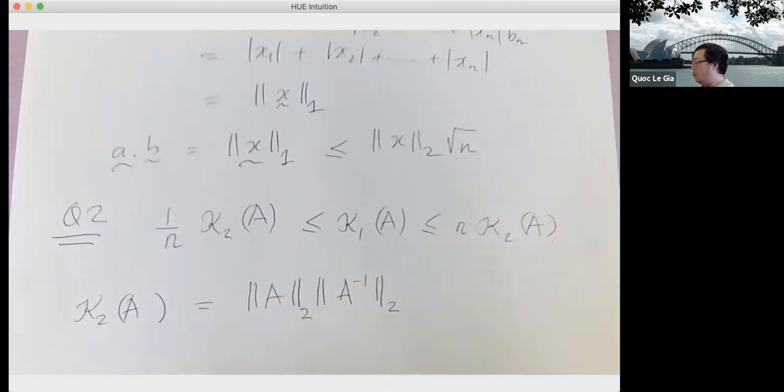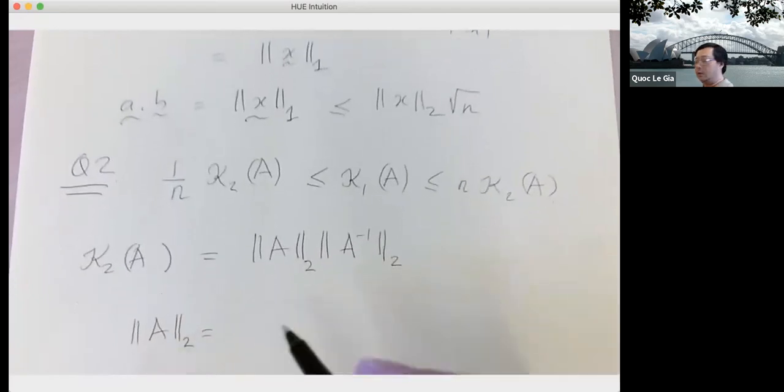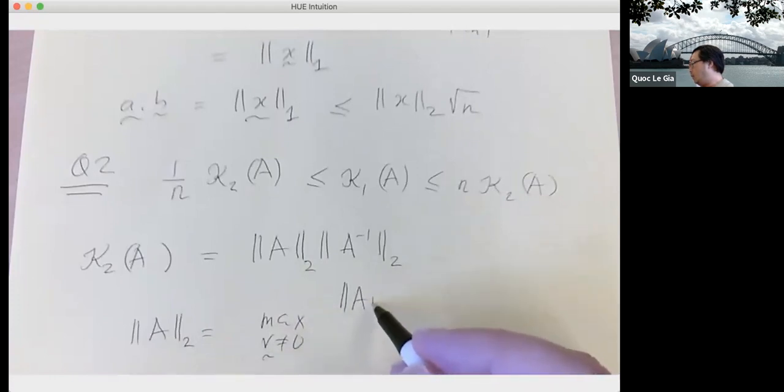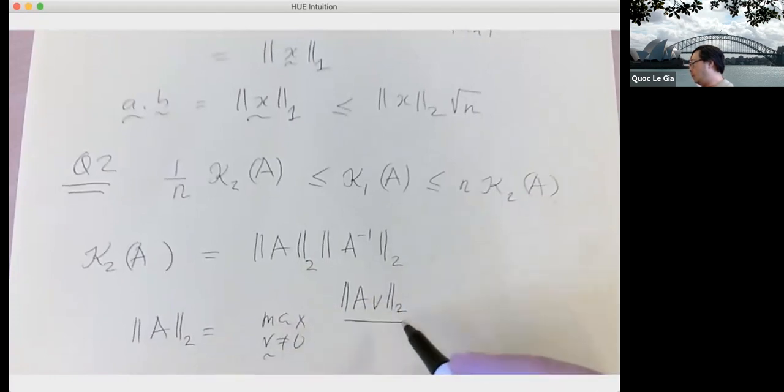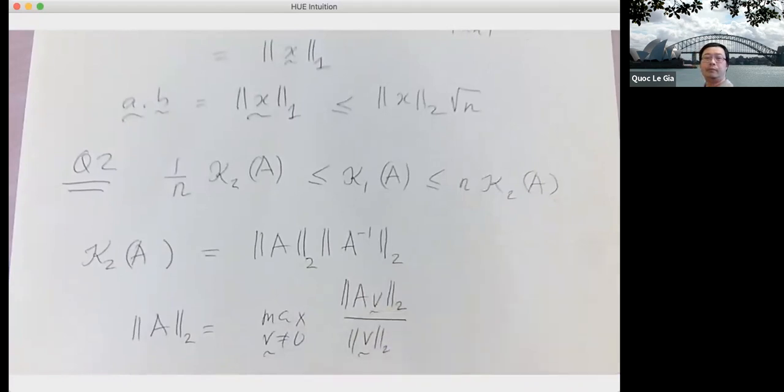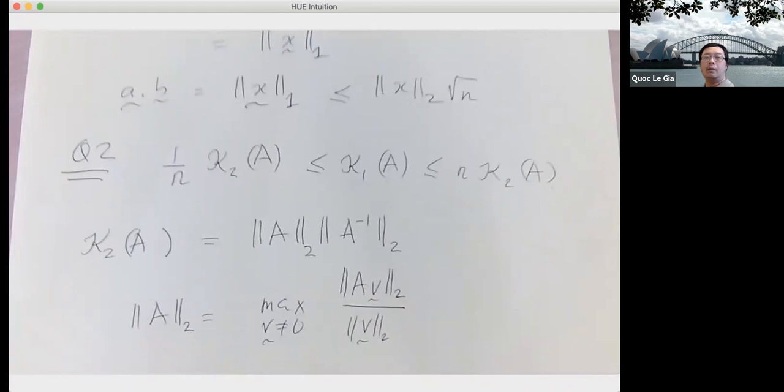Now what is the two norm of the matrix A in the definition? It's the max over V not equal to 0 of the two norm of AV divided by the two norm of V, right? But if you remember, we proved that the two norm is less than the one norm.